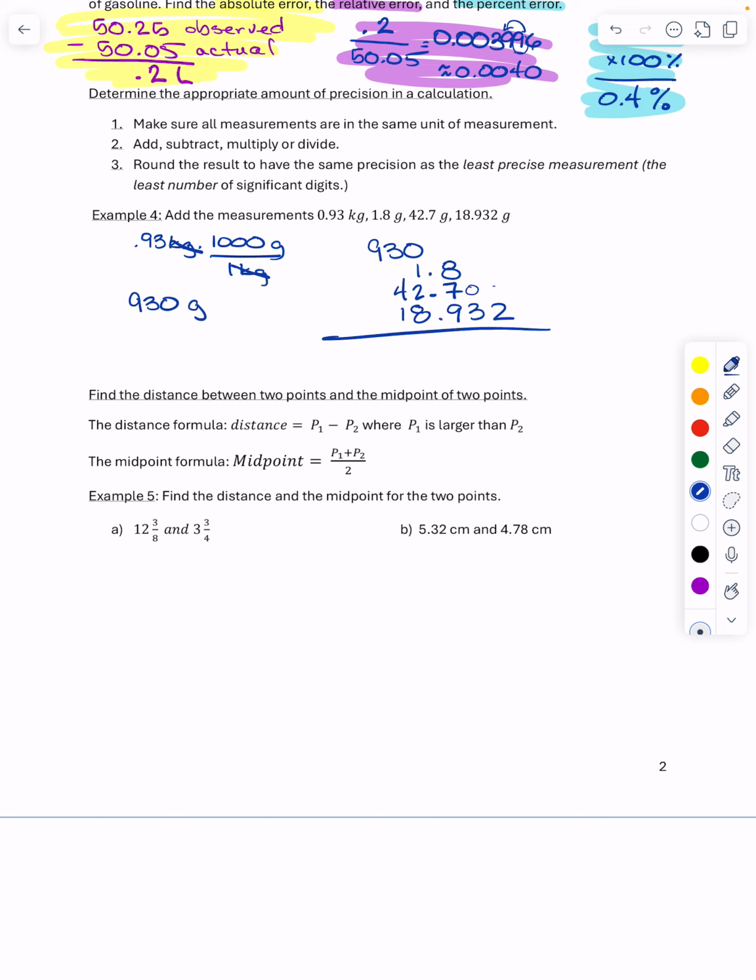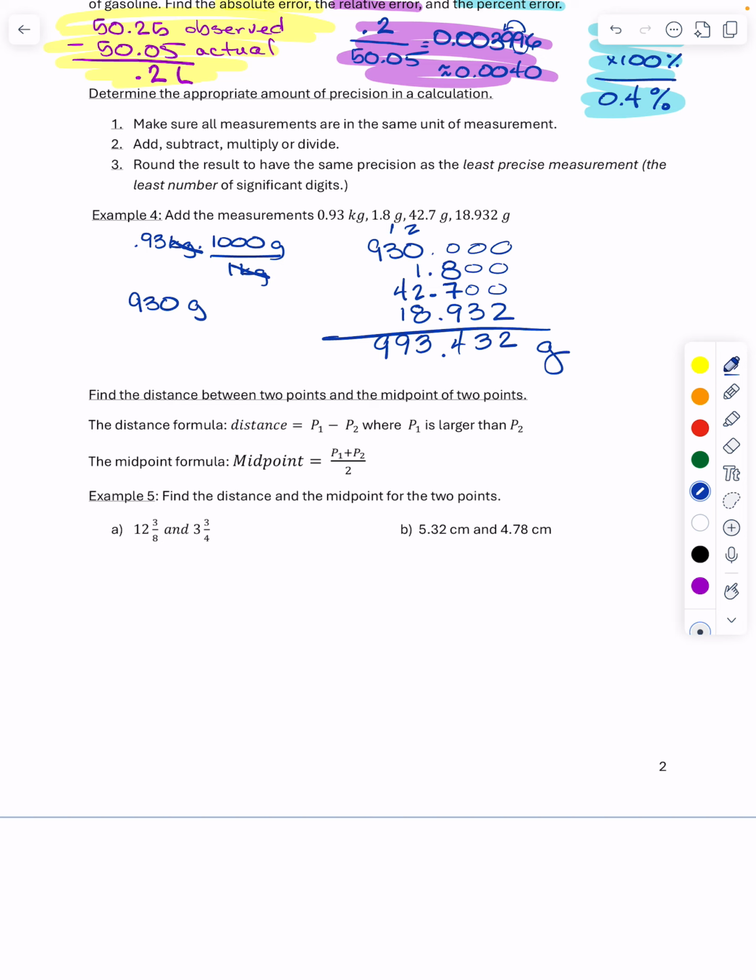So as a reminder, I would add in zeros here, so everything is carried out to the same place value. And then I'm going to go ahead and add straight down. Now, I get 993.432. Remember, this is in grams.